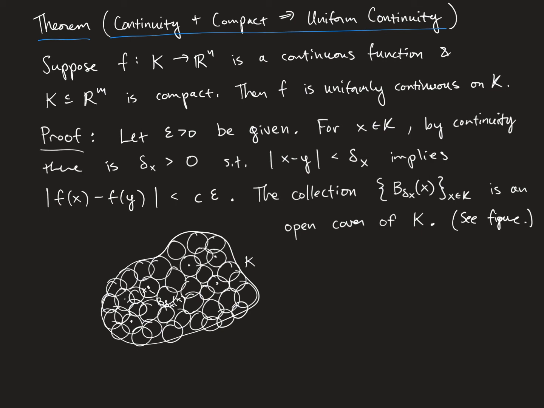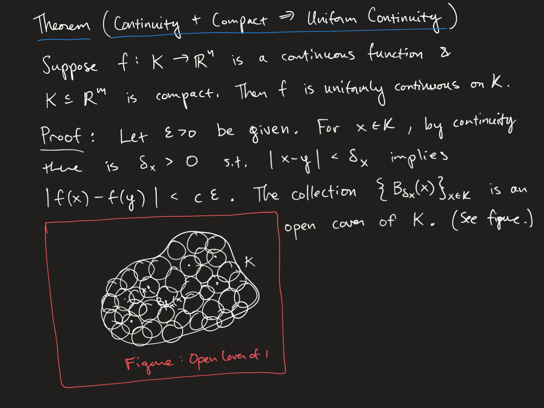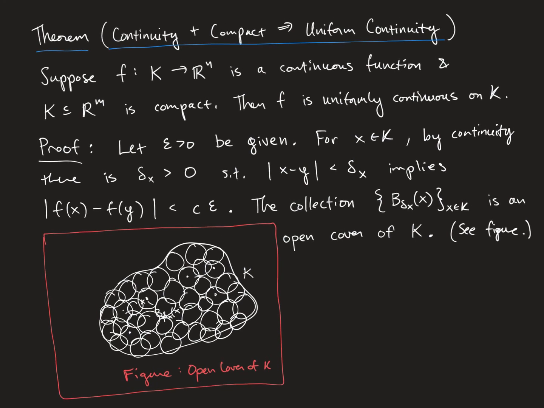I'll put this in a little box here. So you have an open cover of K. All right, so this means that we're going to be able to find a finite subcover of this, because of the Heine-Borel theorem. This gives us our equivalent characterization of compactness in terms of open covers.